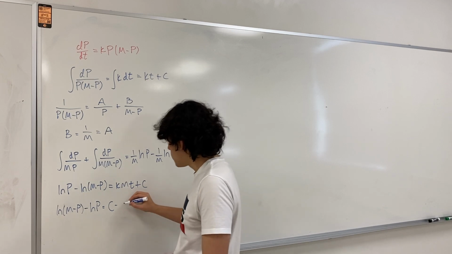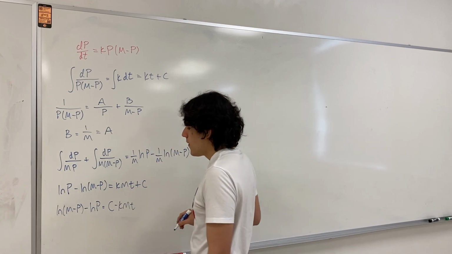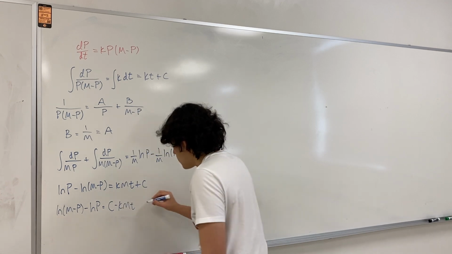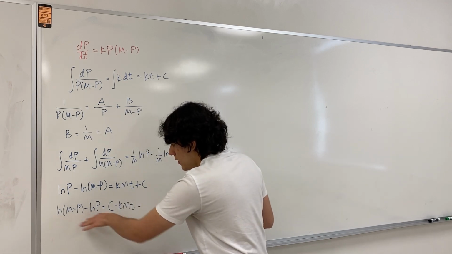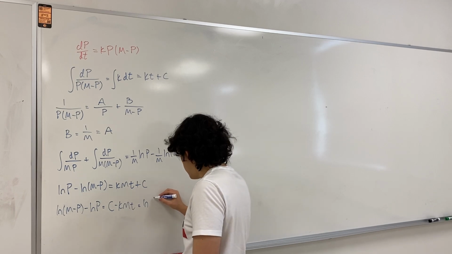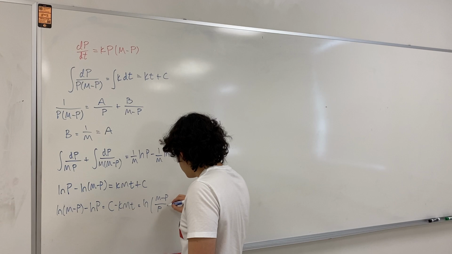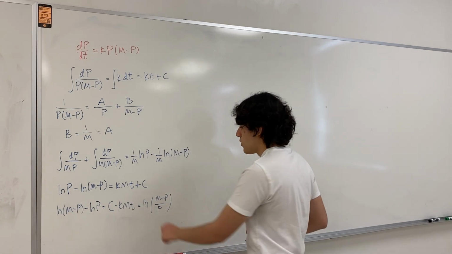Again, the c absorbs the negative, k and m and t. Now we can write this part as ln of m minus p divided by p.